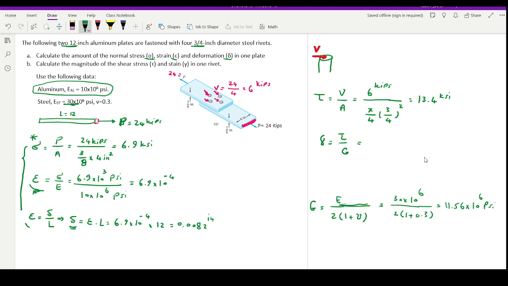Now that I have it, I can plug it into this equation. 13.4 again times 1000 psi, which I calculated above, divided by 11.56 times 10 to the 6 again psi, and you see that gamma also does not have any unit, and this is around 12, and that's the problem solved.